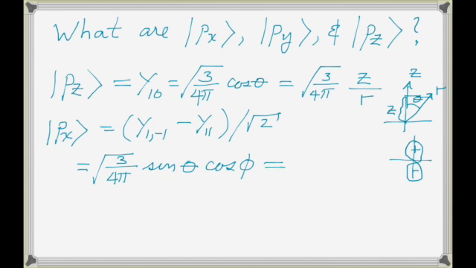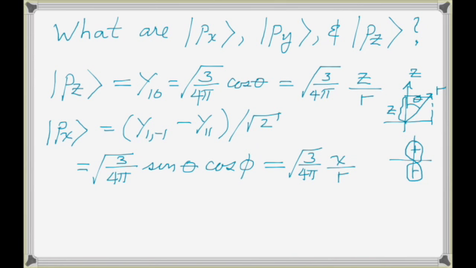And that's equal to root 3 over 4 pi sine theta cosine phi. Well, sine theta brings you down to the plane. Cosine phi brings you back to the x-axis, so that's just x over r. So sine theta brings you down to the xy plane.